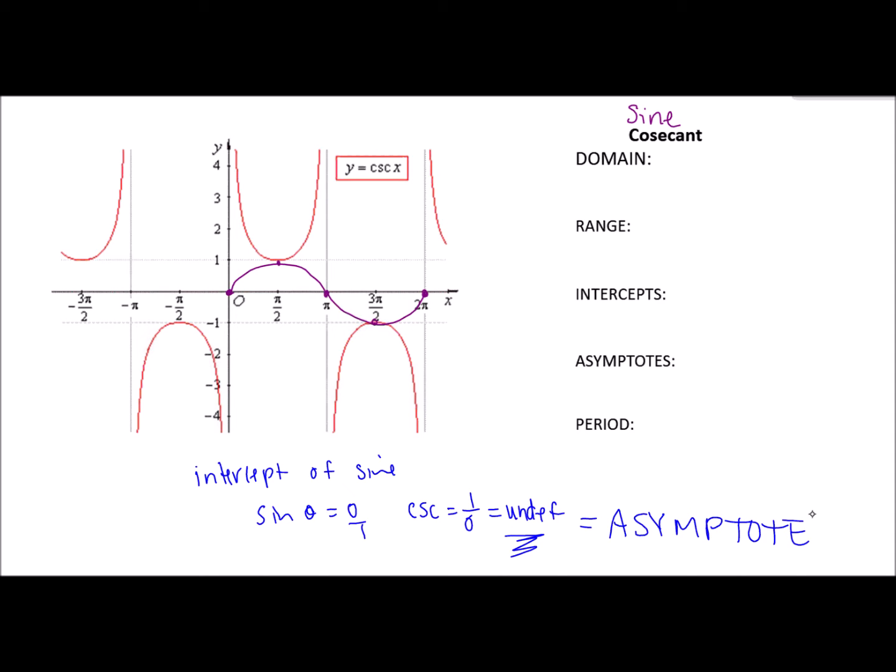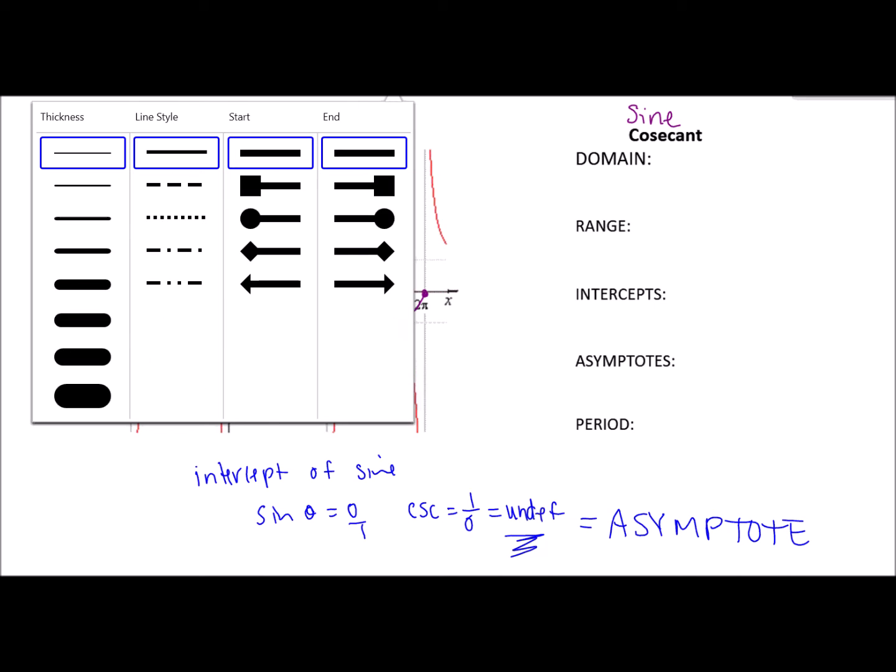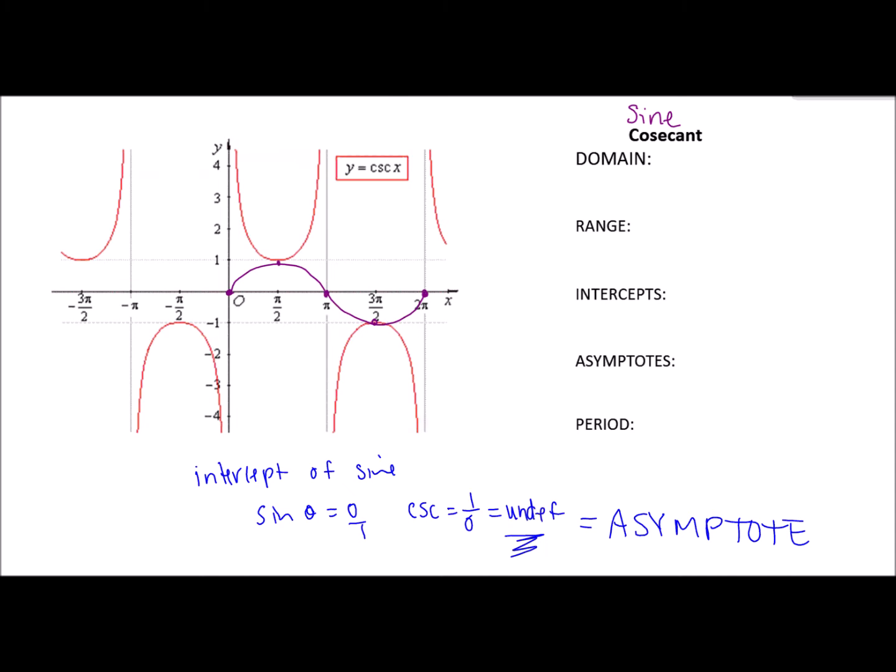So the first step to graphing cosecant is to get your sine graph up there, and then everywhere there's an intercept, we're going to make these a little bit bigger. Everywhere there's an intercept, like right here, for cosecant, that's an asymptote. Oh, here's another intercept for sine. That means that's an asymptote for cosecant.